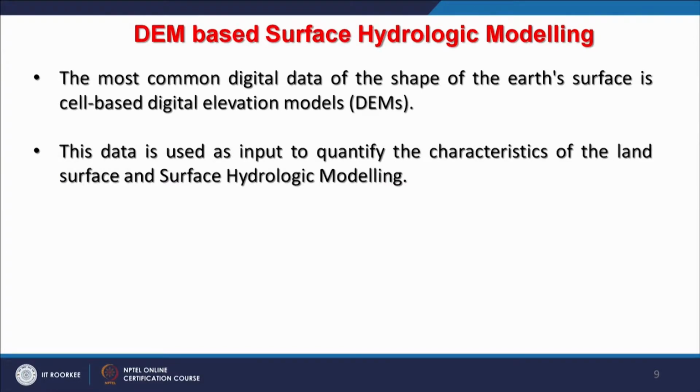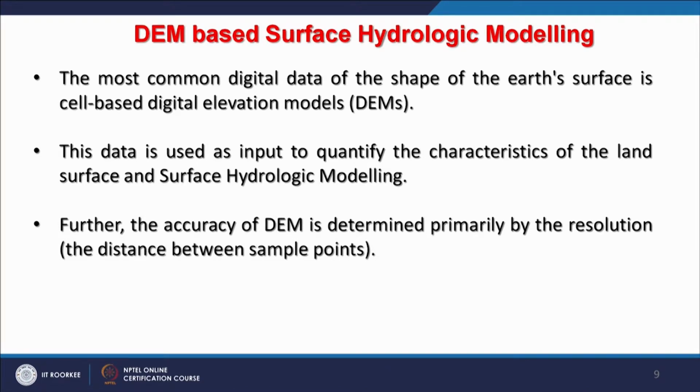Basically, the most common digital data of the shape of the Earth's surface, as we know, is the DEM, and the DEM is used as an input which quantifies the characteristics of the land surface for surface hydrologic modeling. Further, the accuracy of a DEM is determined primarily by the resolution. So for this kind of processing, a better or higher spatial resolution DEM would always give us better results.